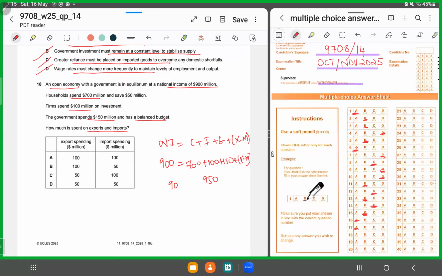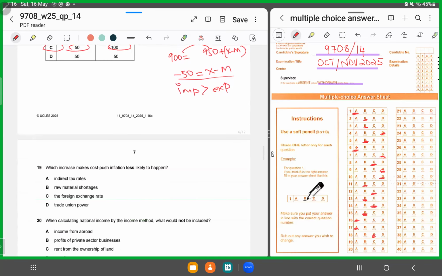This has to be 900 plus X minus M. So now take that over to that side. It should be negative 50 is equal to X minus M. This means that the imports are 50 million more. Imports are greater than exports, right? So it has to be C. So for 18, we'll choose C as the correct answer, right? It's a negative sign showing, so this means that the imports are more than the exports.